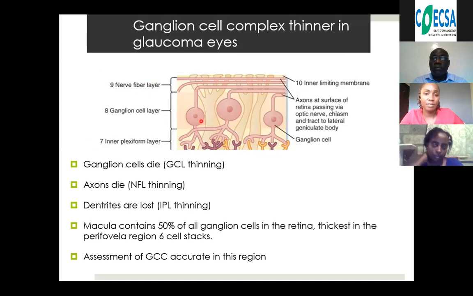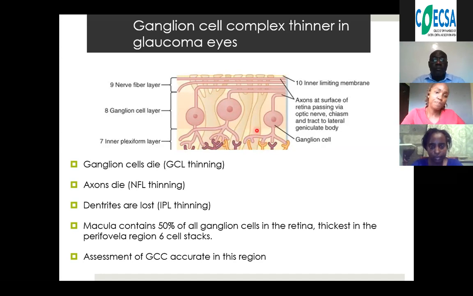As a result, the axons also begin to die, and there's thinning of the nerve fiber layers, because the axons are basically the nerve fiber layers, and they converge at the level of the optic disc. So if you have death of the ganglion cells, you'll subsequently have thinning of the nerve fiber layers, and also the dendrites of these ganglion cells will be lost at the level of the inner plexiform layer.